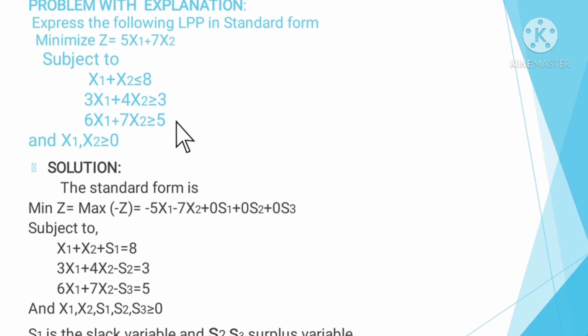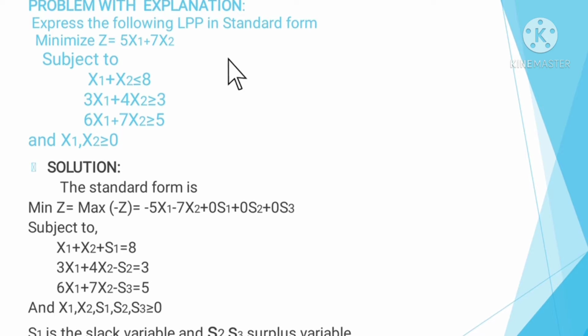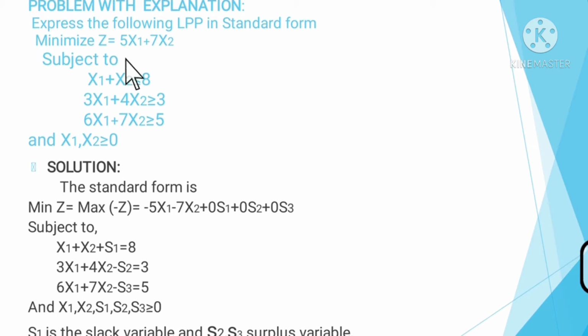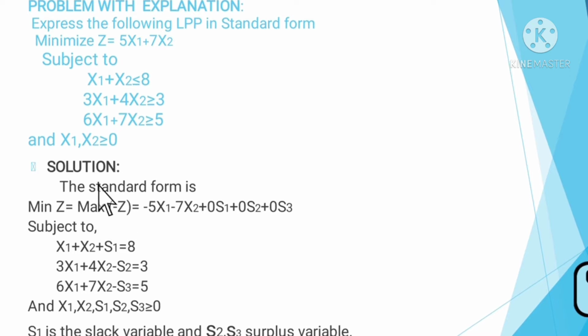The first characteristic of the standard form is that the objective function should be of maximization type, but here it is given as a minimization problem. So convert minimize into maximization by multiplying by minus on both sides.